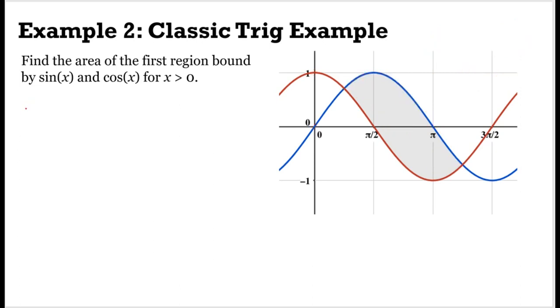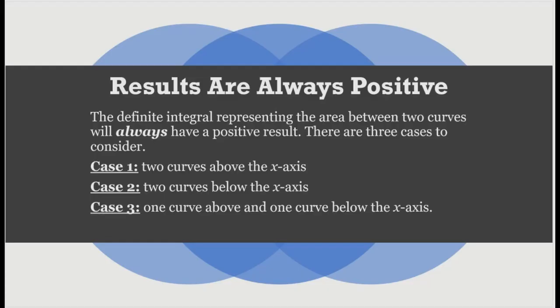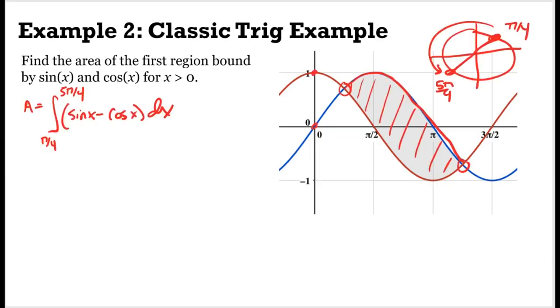So we should be able to write this definite integral. And that represents the area between these two curves for the first bounded region. For the first bounded region between sine and cosine for x greater than 0. So now we just have to integrate. The antiderivative of sine is negative cosine.